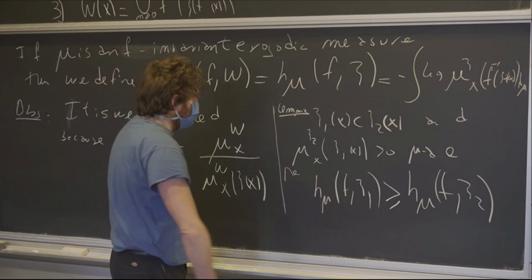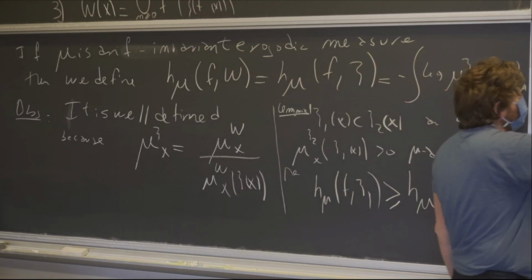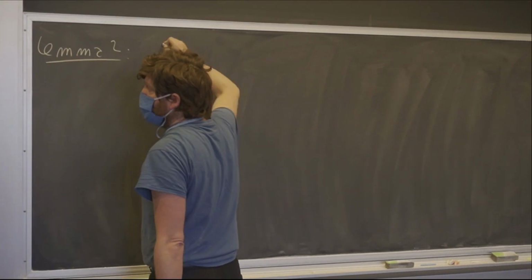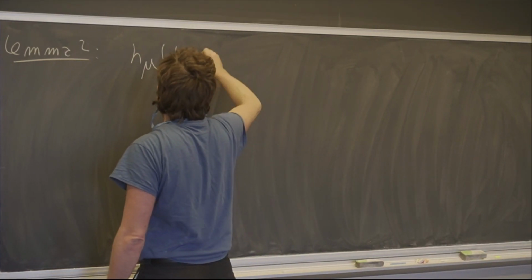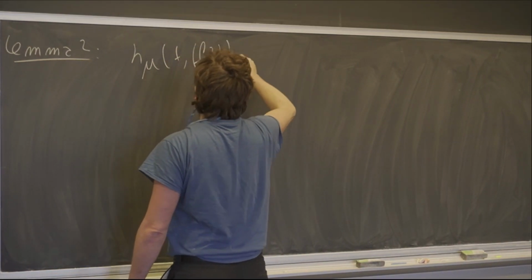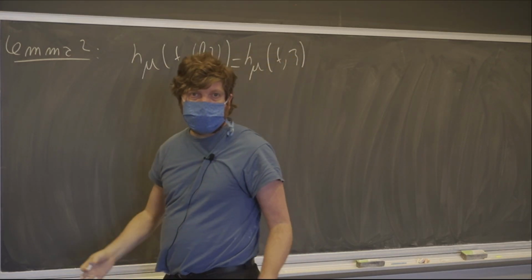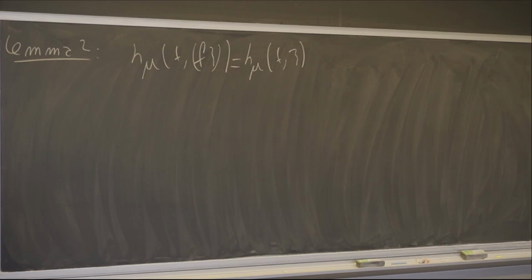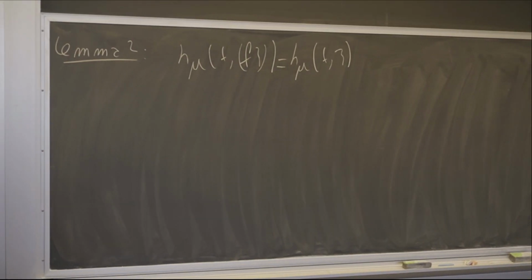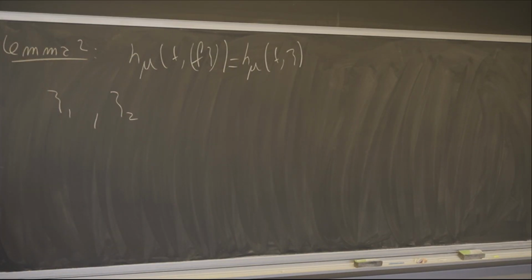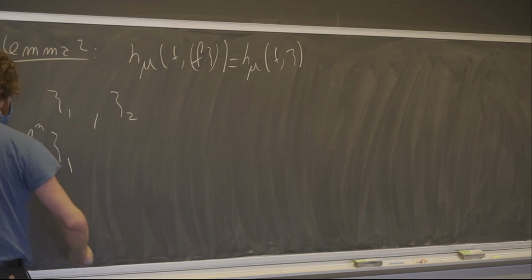So that's lemma 1, and lemma 2 will say that h mu of f psi is equal to h mu of psi. So you have these two properties, and once you have them, you take any two partitions, psi1 and psi2, as in the game, and you consider f^n of psi1.